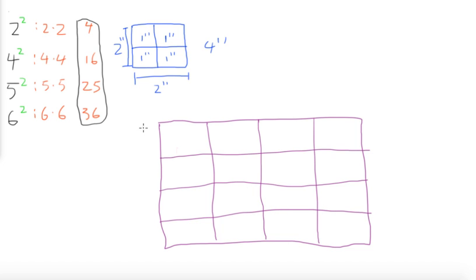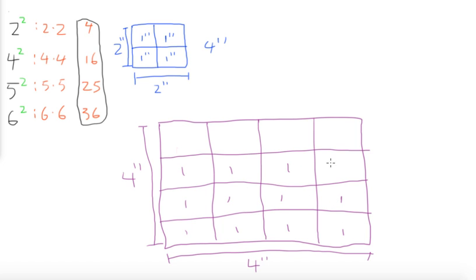So from here to here is going to be what? 4 inches, okay? And then from here to here, also 4 inches, okay? And then if this was a perfect box, this would be 1 inch, 1 inch, 1 inch, 1 inch, and so forth and so forth, okay?